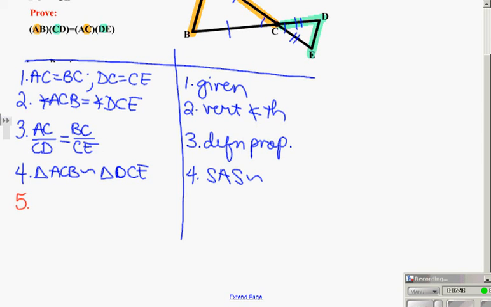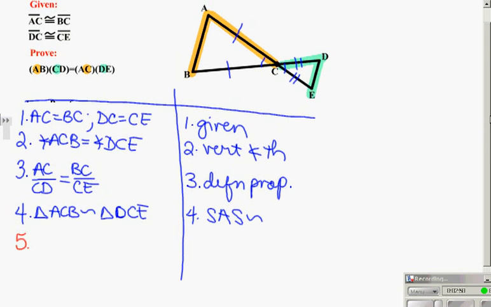And the additional ratios I know after I've proven them similar, get our picture back up here, is that I know that AC is in proportion to CD at the same rate in which AB is in proportion to DE. That is by definition of similarity.